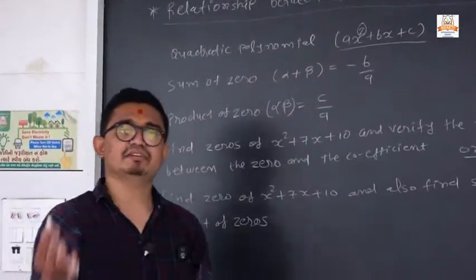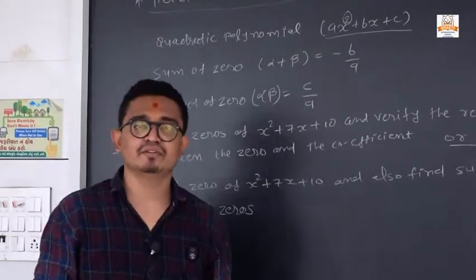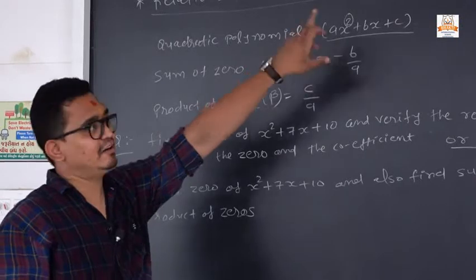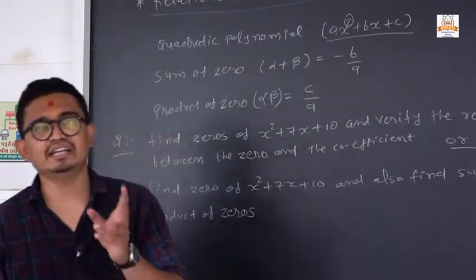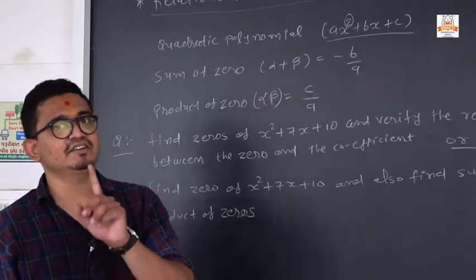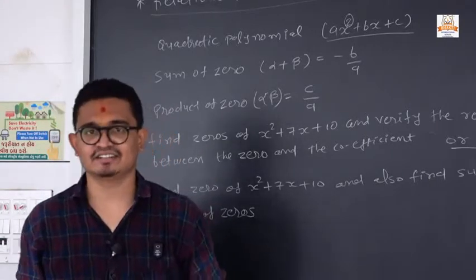Now, in the previous lecture we discussed how we can find the zeros of a quadratic polynomial. We have 2 methods for that. We can also make one chart for finding the zeros of a quadratic polynomial. We have 2 methods: first, factorization, and second, the quadratic formula.